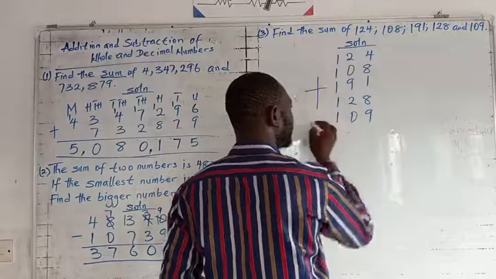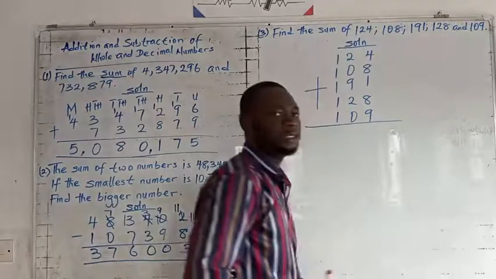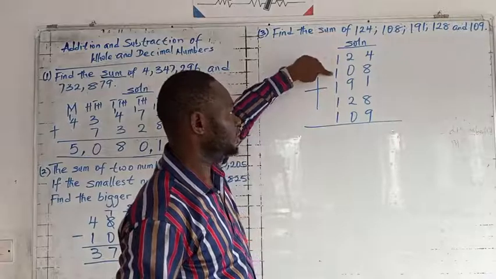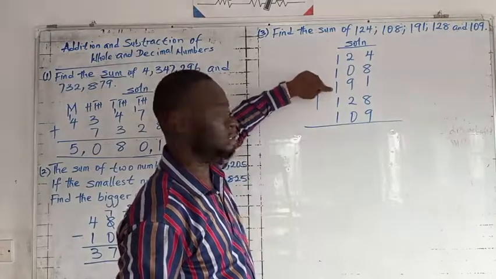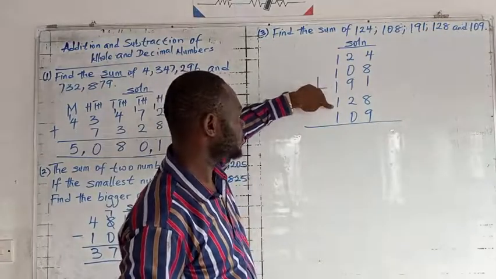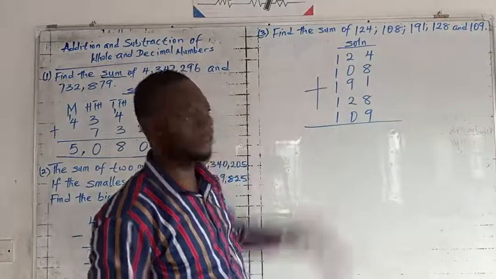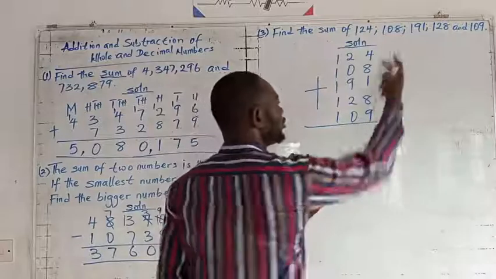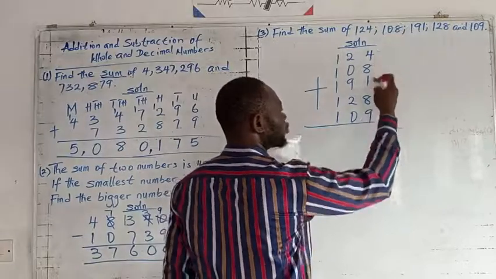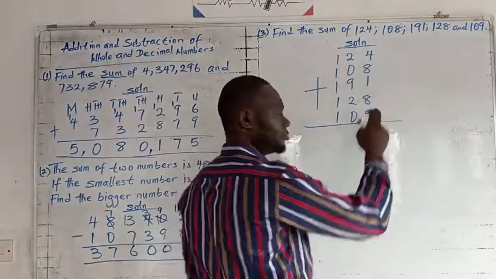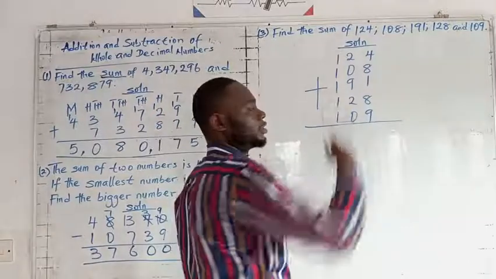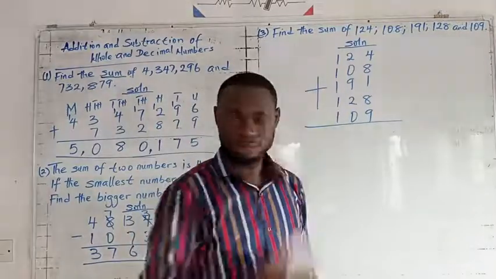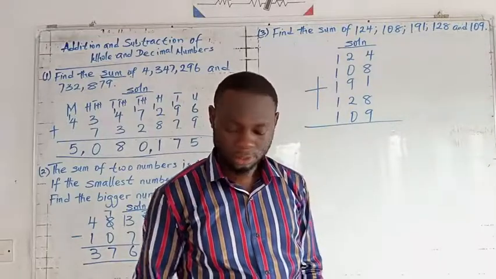You are adding all of them. Are you seeing? Like I said, you can either decide to add this plus this. Then to your answer, you add this. To your answer, you add this. To your answer, you add this. Or you add all of them together. So we are adding all of them together, meaning that we are going to add 4 plus 8 plus 1 plus 8 plus 9. We write our answer and carry whatever number we need to carry. Is that understood? All right, let's go on.